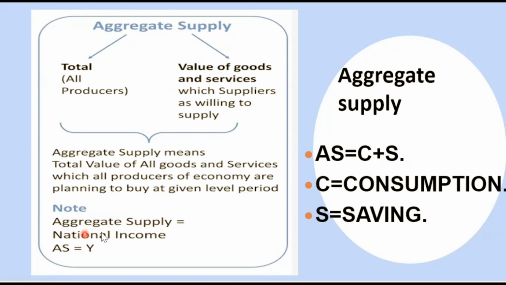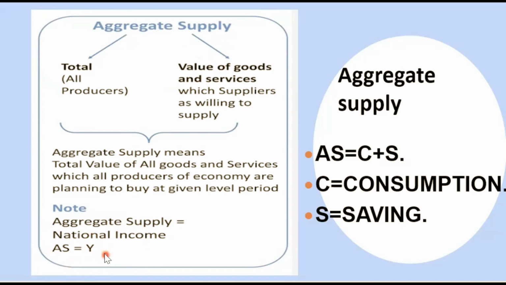And we say that aggregate supply is equal to national income, which is denoted as capital AS equal to Y. Now, why do we say this? Why is aggregate supply equal to income?